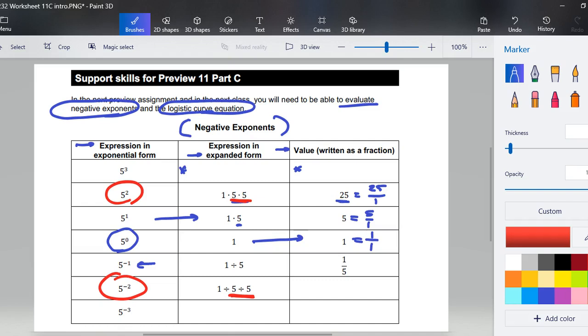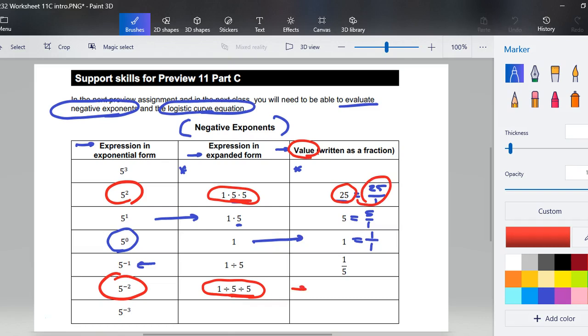Question 2, describe a difference between the processes to calculate 5 to the second power and 5 to the -2. Well, the process is we're going to take that 1 times the 5 times the 5, but in the negative, it's going to be 1 divided by 5 divided by 5. What is the relationship between the values of these two that we are looking at? Ultimately, 5 squared is 25, or 25 over 1, sorry.